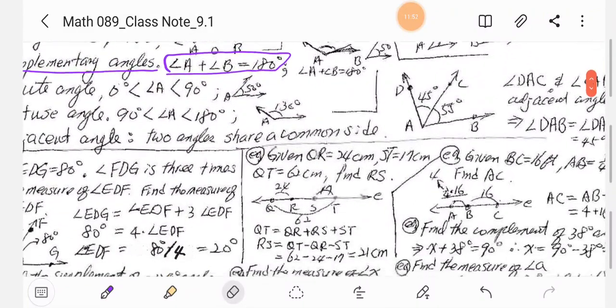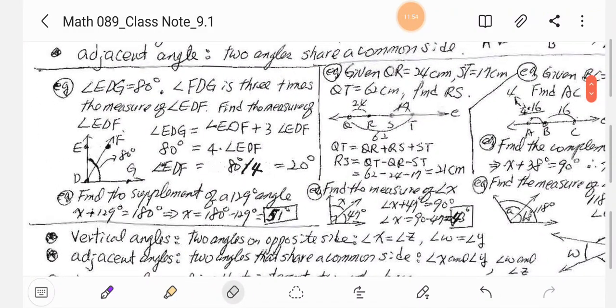So let's check some examples. From this diagram, here is a point E, D, and here is a point G. So EDG is 80 degrees.